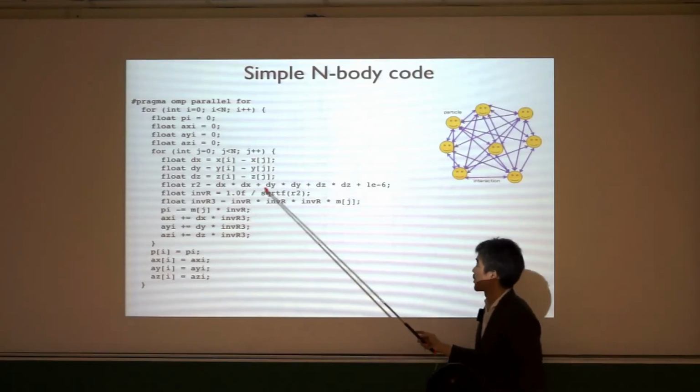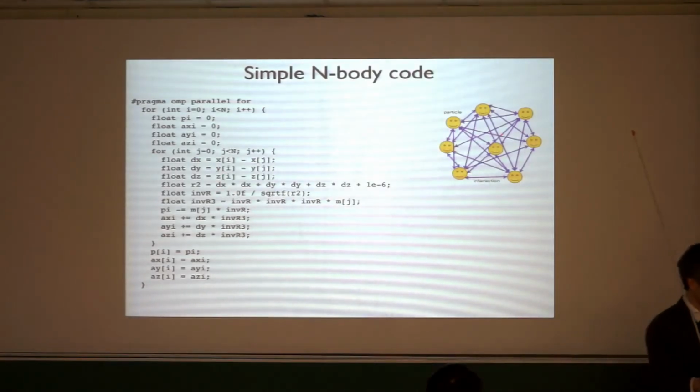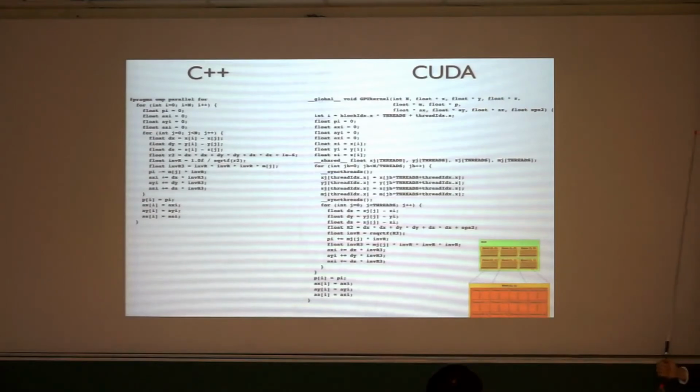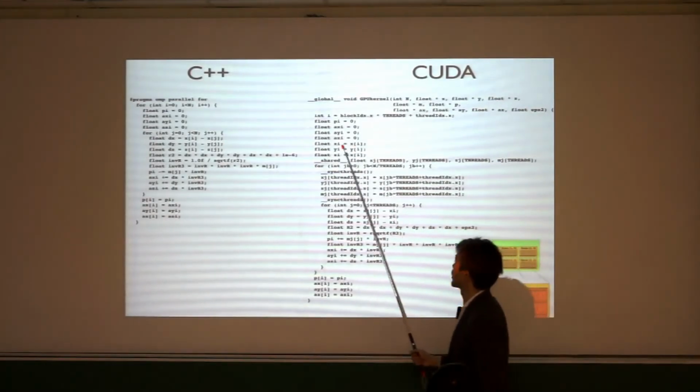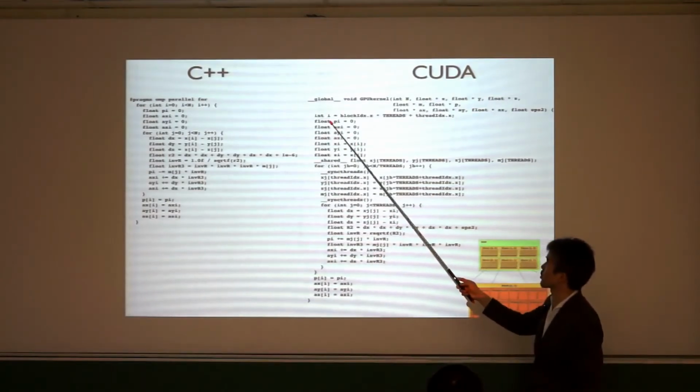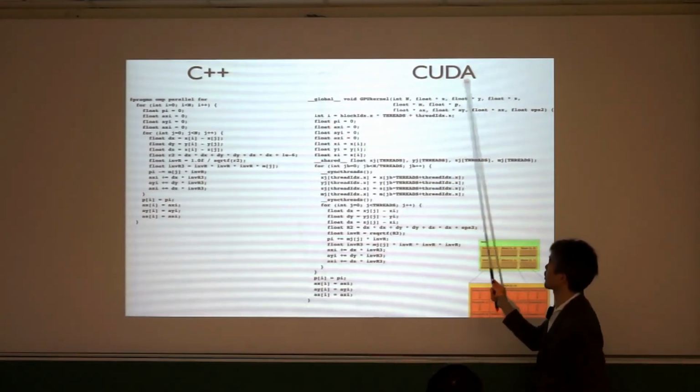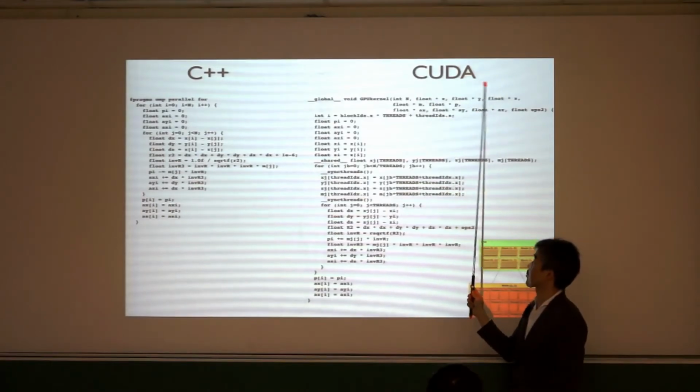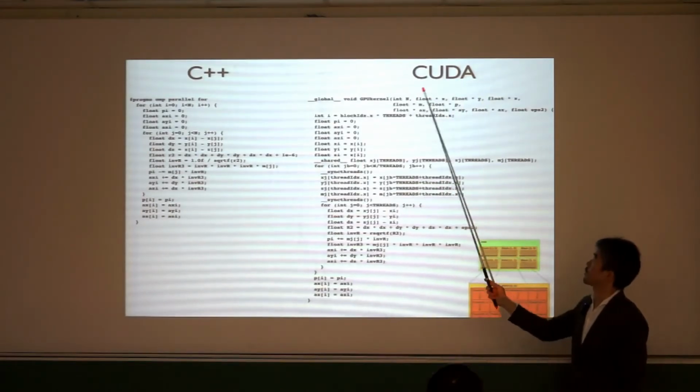And this code, if you write it on a GPU, will look like this. So what changed? These parts don't change. Basically, CUDA is the language used to program NVIDIA GPUs.